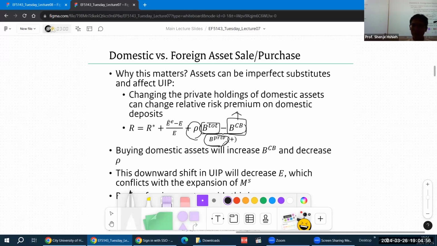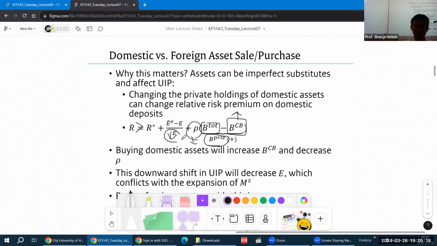And actually, this entire term inside here becomes less, in which case rho actually decreases. And if you work through the mathematics, if rho is lower then the inequality becomes this way, right? In which case E needs to move in a direction to offset this change in rho. And so that means that E is going to decrease.